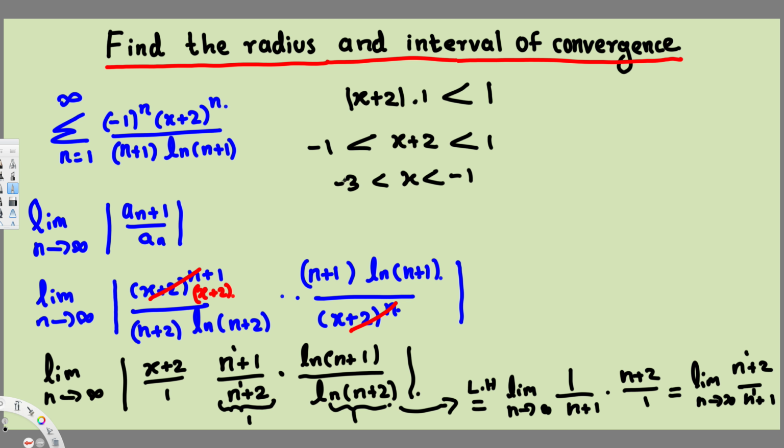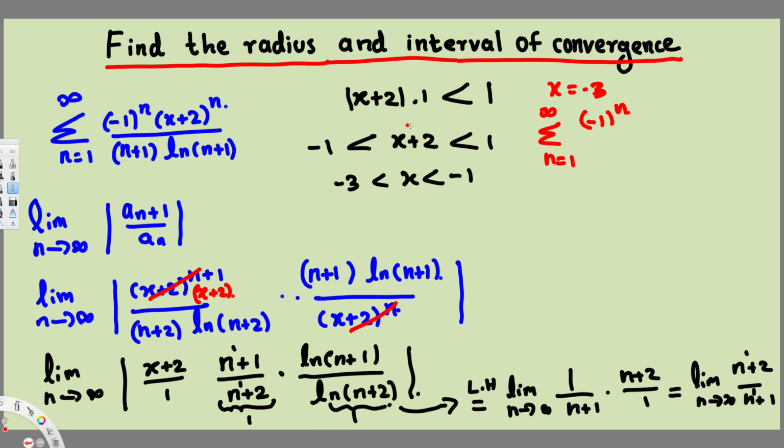To find that out, we plug these endpoints in instead of x and see whether the series converges or diverges. Let's go ahead and do negative 3 now and see what happens. So let's take x equal to negative 3. If I apply x equal to negative 3, this is going to be the summation from n equals 1 to infinity, and then we are going to have negative 1 power n.